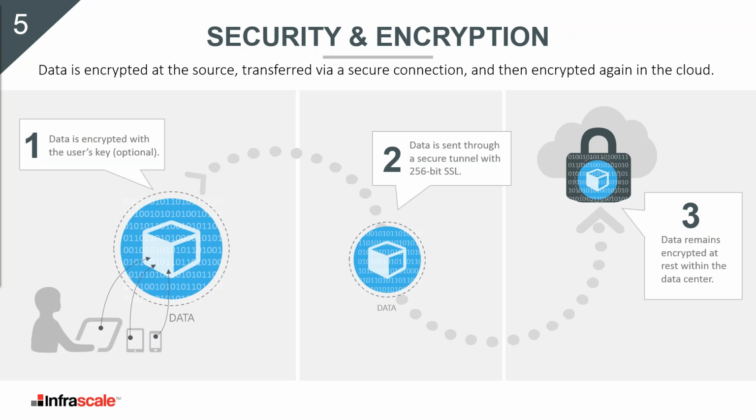But what we're looking at here is your ideal security and encryption solution. This is a double-blind encryption system, and what we're looking at here, first, it is encrypted locally, then it's also encrypted in transit, and then finally encrypted at rest in the data center.